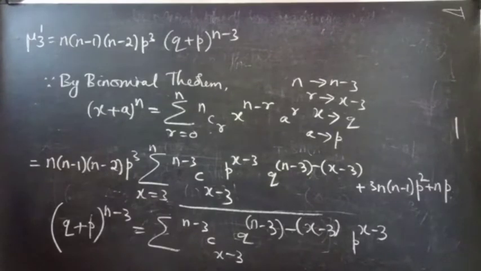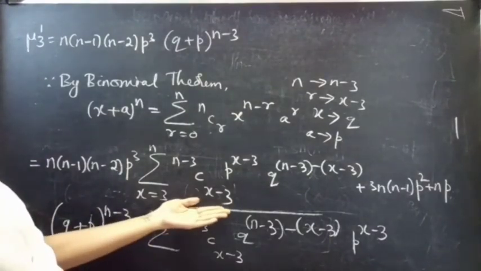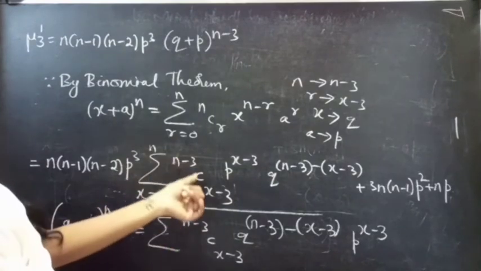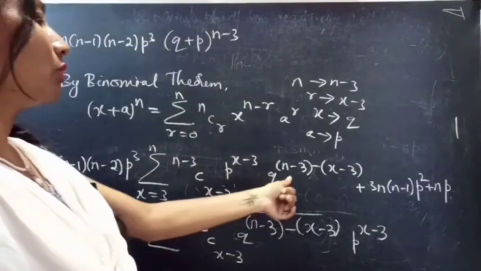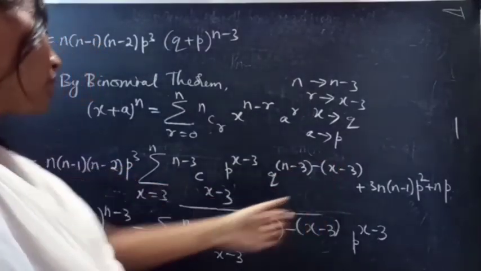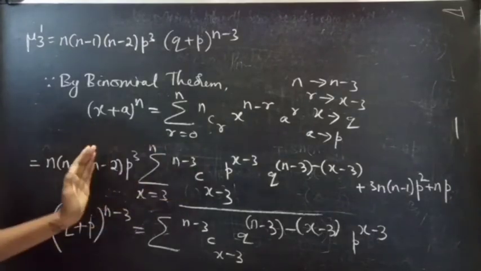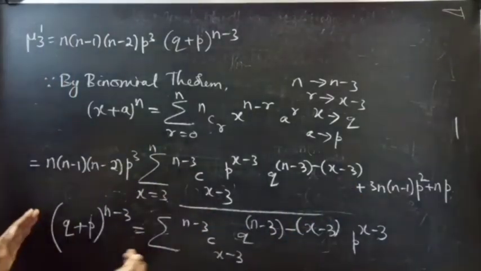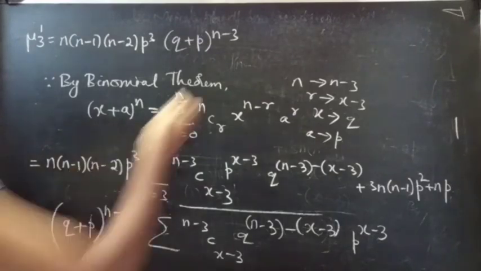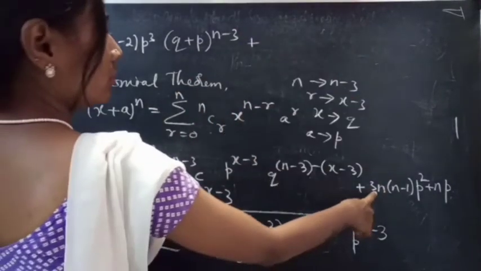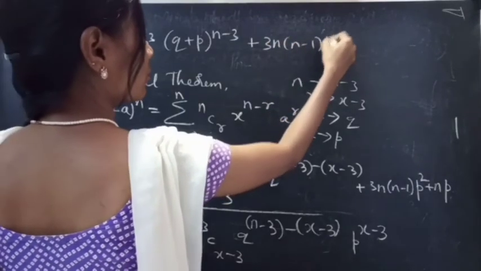So here we have summation x equals to 3 to n into n minus 3 c x minus 3 p power x minus 3 into q power n minus 3 minus of x minus 3 equals to q plus p power n minus 3. So we have replaced this term by q plus p power n minus 3. Okay. Plus write the next two terms as it is.